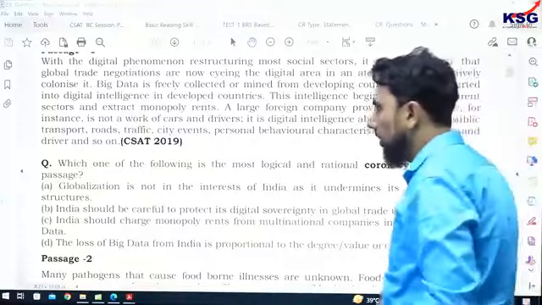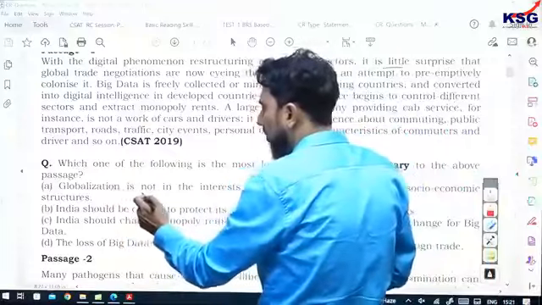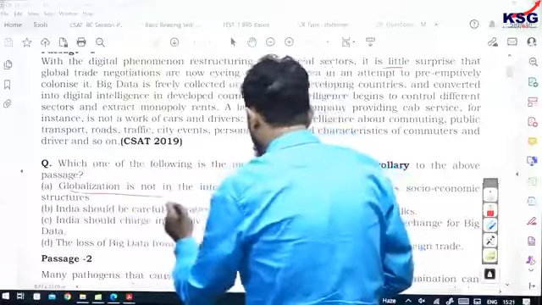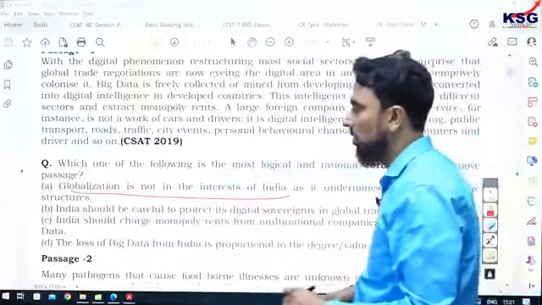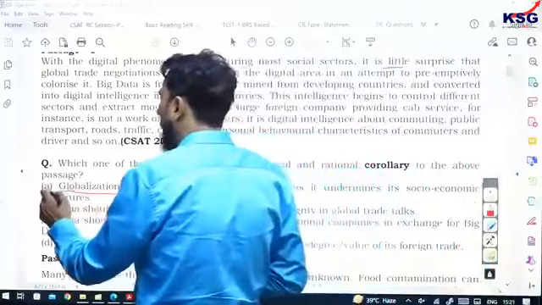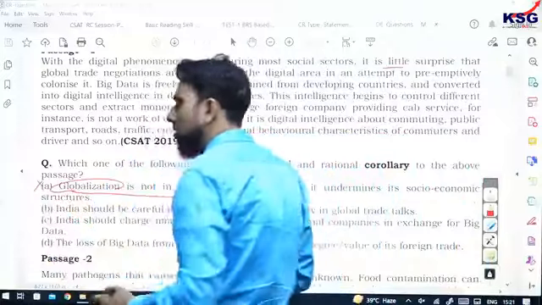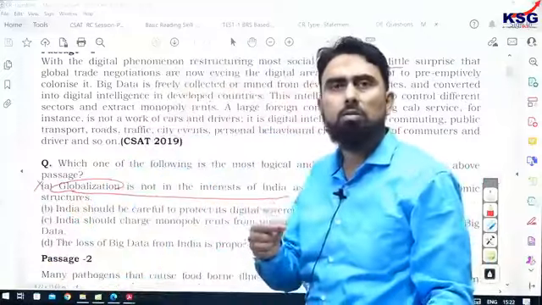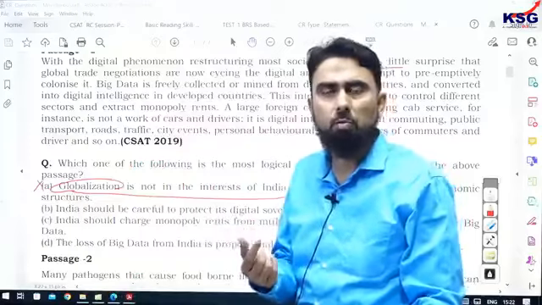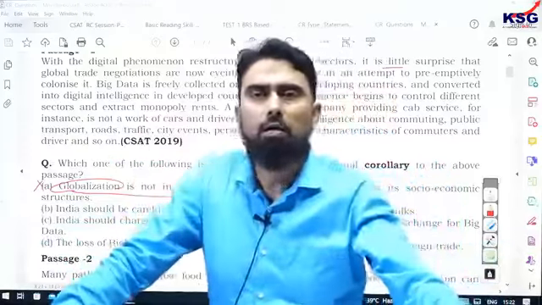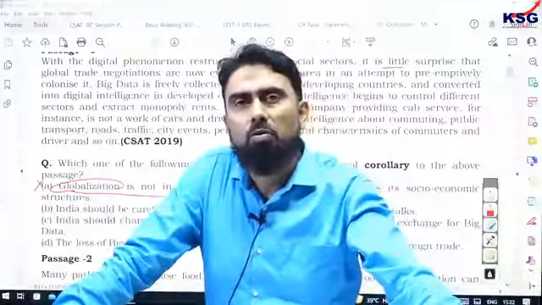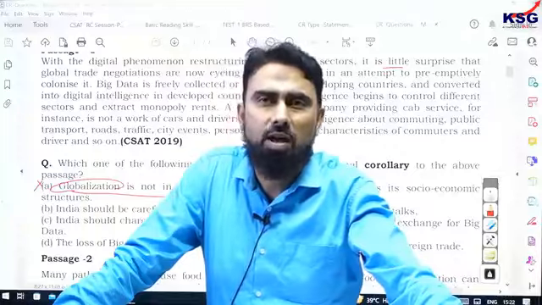The correct option, like if you look at option A, it says globalization is not in the interest of India as it undermines its socio-economic structures. Dear, we cannot blame globalization for something that is a byproduct of globalization. Globalization is a huge canvas, and the paragraph talks about a certain dot on this canvas.